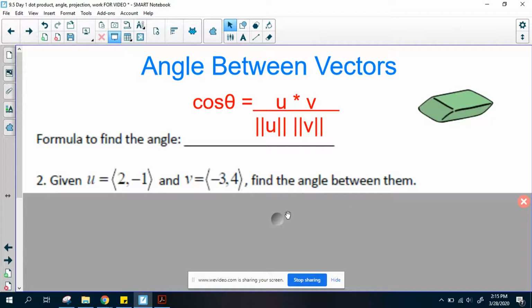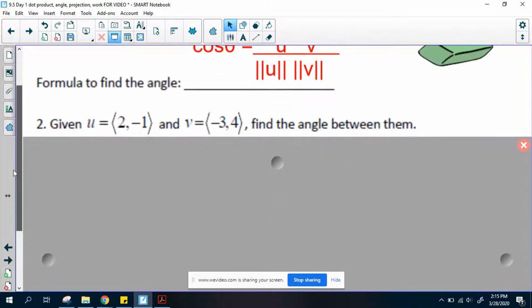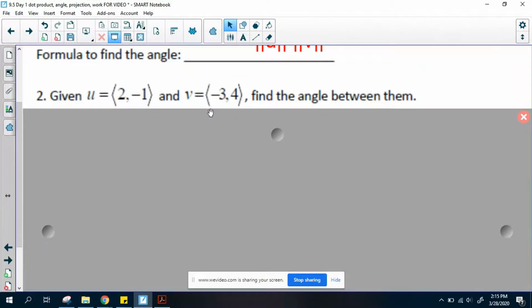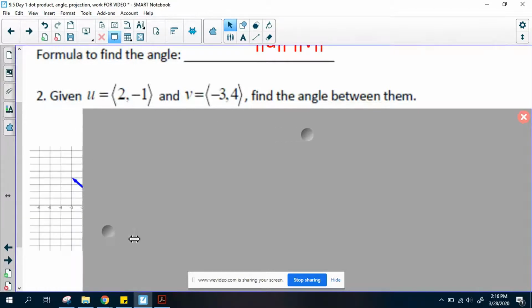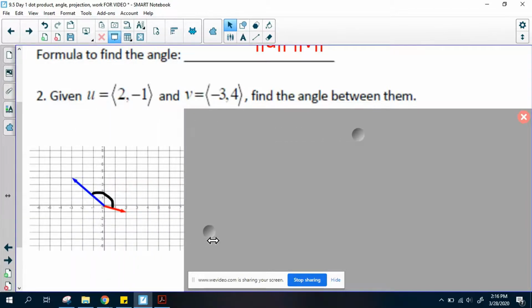We're going to find the angle between them, using the two vectors u and v again. I drew these vectors for you. 2, -1 is this vector here, and v, -3, 4 is this vector here, and I wanted to find the angle between them. You can see it's a relatively large angle, but we can find it.